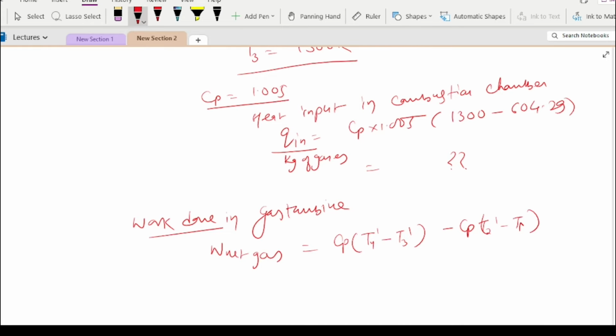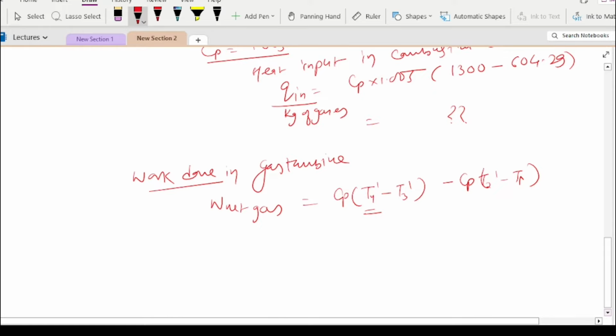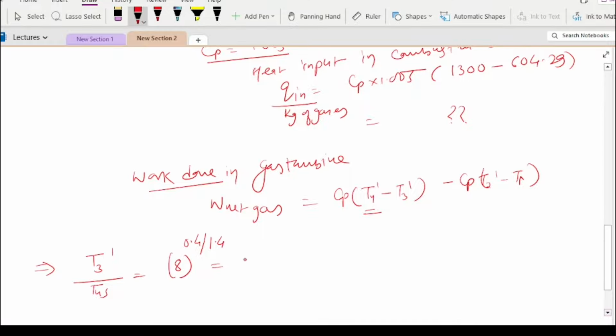Now we don't have the value of T4 dash. Similarly, this can be obtained as we have done in the procedure for the compressor. That is T3 dash by T4s is equal to 8 raised to 0.4 by 1.4, that is (gamma minus 1) upon gamma. From this, T4s can be obtained as 717.658 Kelvin.